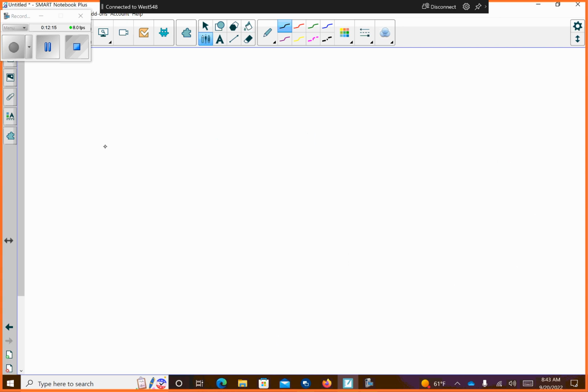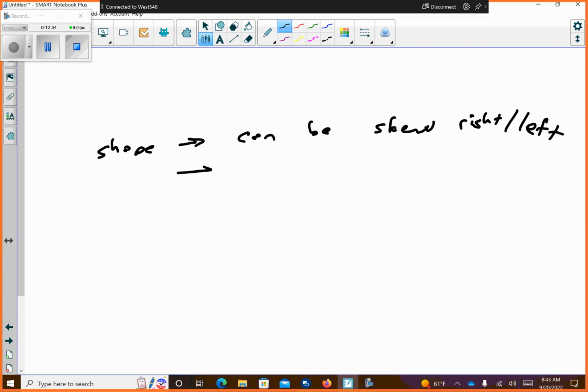Shape can be skewness, if you have the skew right or left. You could also talk about normal distribution.